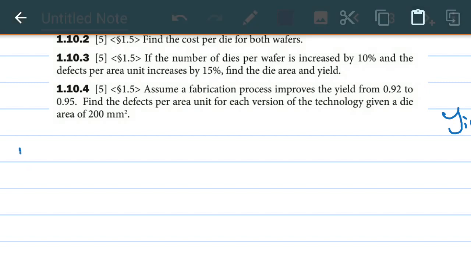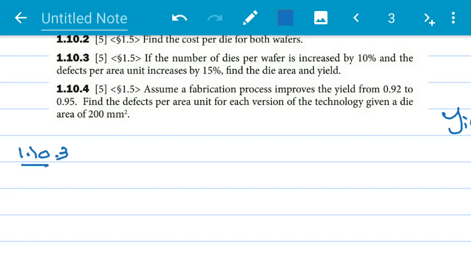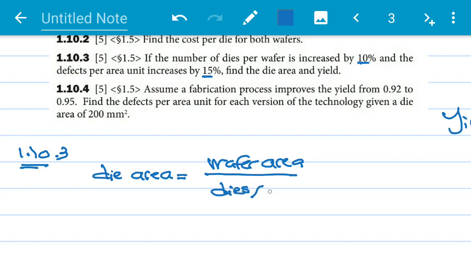Let's see what's 1.10.3. If the number of dies per wafer is increased by 10% and the defects per area unit increases by 15%, find the die area and the yield. Let's recall that the die area is equal to wafer area over dies per wafer.